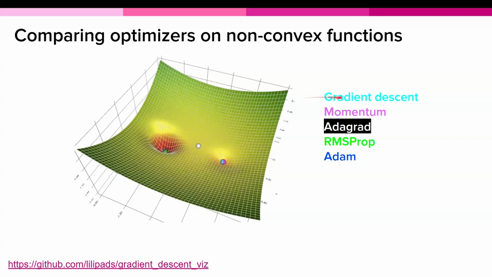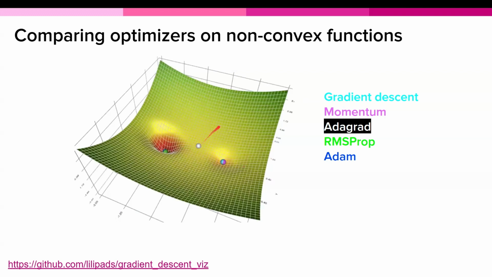The colored dots represent different optimizers: cyan for standard gradient descent, momentum in magenta, Adagrad in white, RMSProp in green, and then Adam in blue. So in this example, we can see that Adam combines momentum and the adaptive learning rates, and it quickly adapts its step sizes and moves towards the global minimum pretty quickly over standard gradient descent or momentum alone.